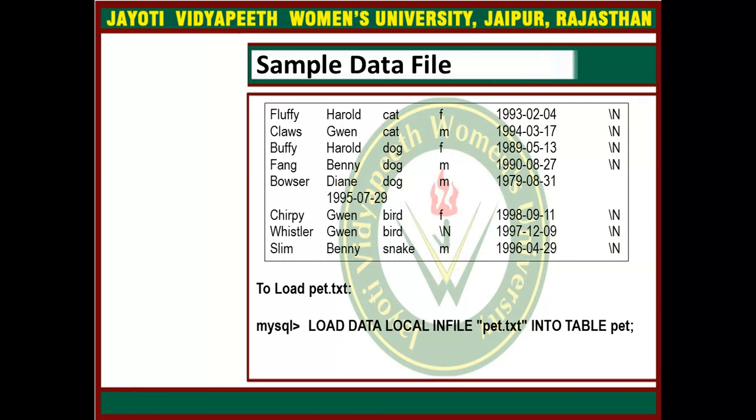This is the sample data file. These are the fields you have mentioned in your table. \n is for next line. And to load pet.txt in MySQL, you have to write load data local infile with quotes, then the file name pet.txt, into table pet, which means this data is added into the pet table.